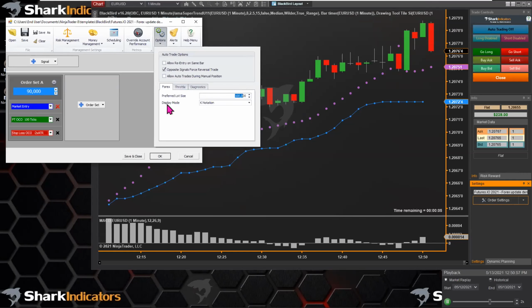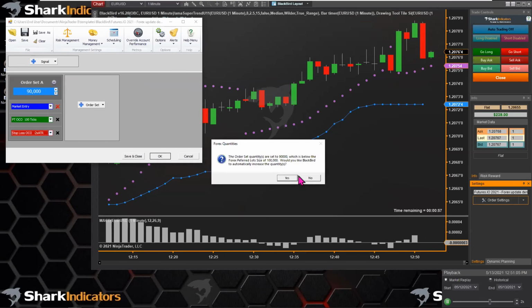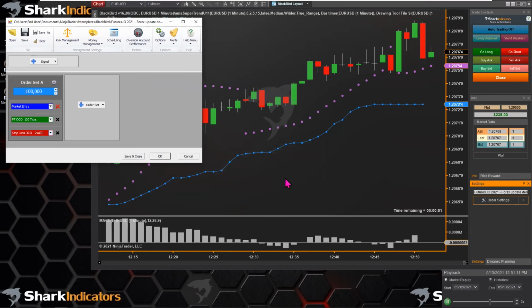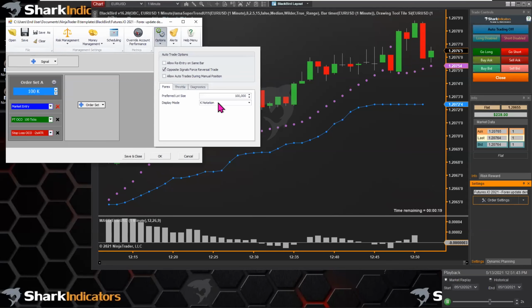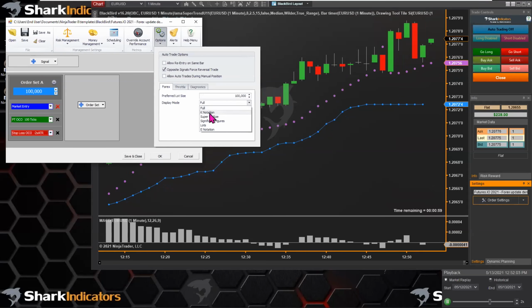And then there's also the display mode. You can see that right now the display is using the K as a shortcut display mechanism. But there are also some other modes here. You can show the full amount, the full Forex lot size.